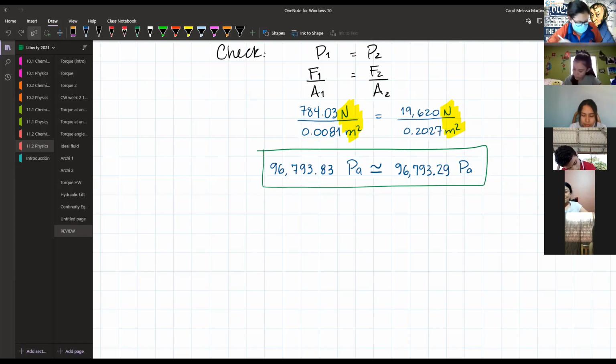But in the end, you can see these two numbers are very similar. And if they are very similar, we can say that we did it correctly. So this is a way to check. I don't say that it should be the exact same number with the exact same decimals, but this is an idea.